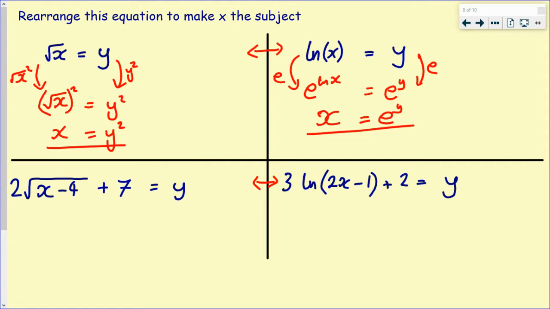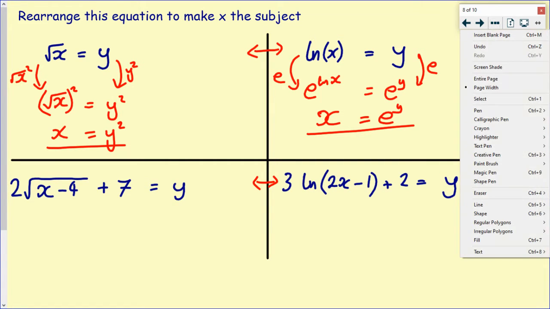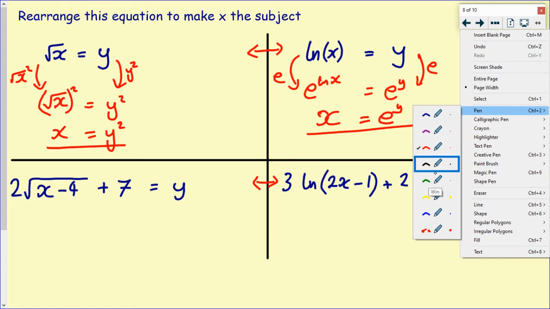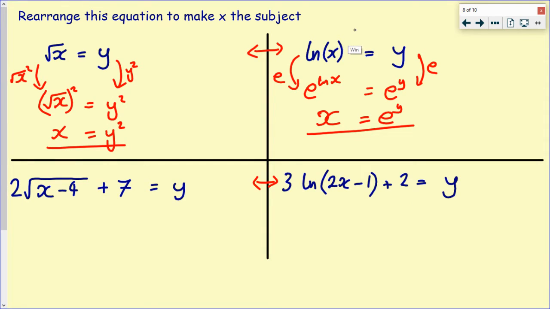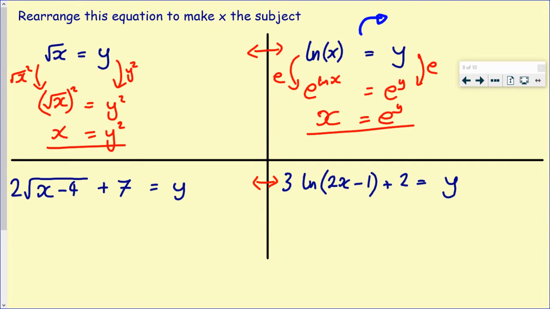Much like this one. There is another way that you could do that. An alternative way to write this would be to say, well, what does the logarithm mean? What's its definition? And you might find this easier. We know that ln x means: what value do we raise e to, to get x?